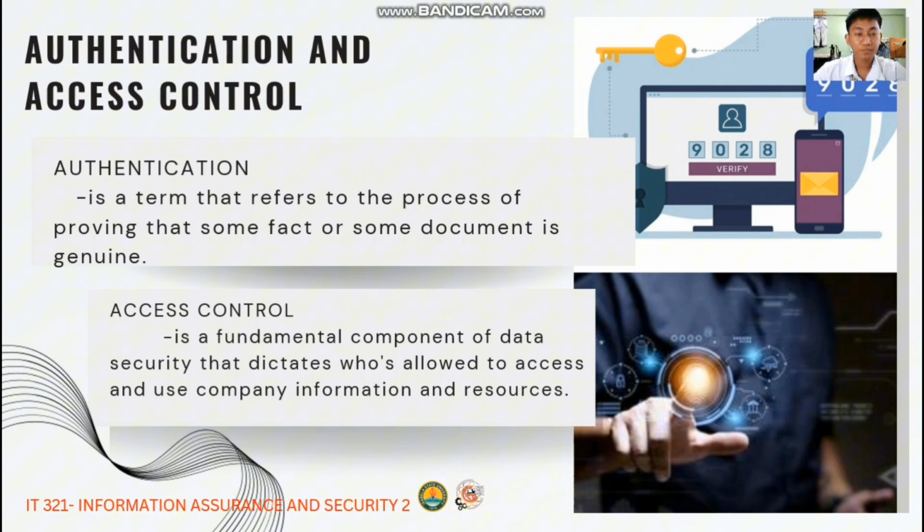For example, consider a company's confidential financial data stored on a secure server. Access control mechanisms such as user authentication through password or biometric verification would restrict access to only authorized personnel such as finance department employees or executives.